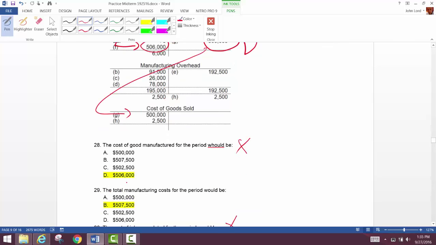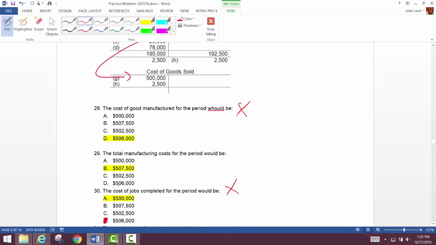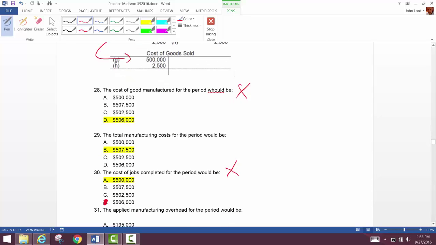So the correct answer to that is 506,000, not 500,000. If I asked you what's the cost of goods sold for the period, then 500,000 is the right answer to that, not 506,000.